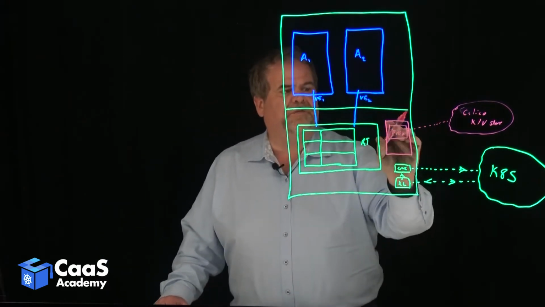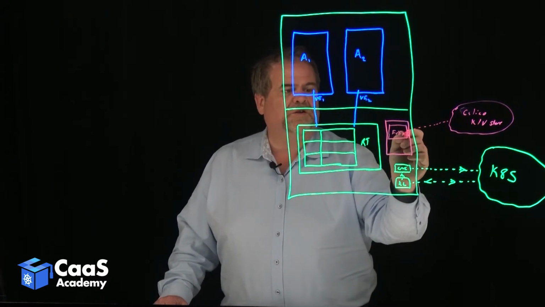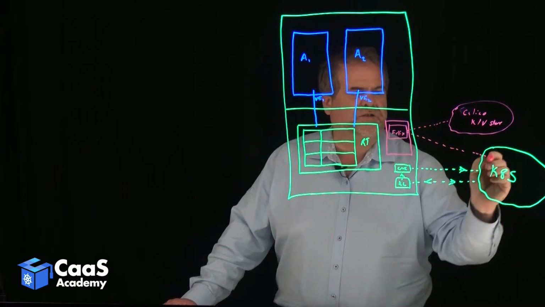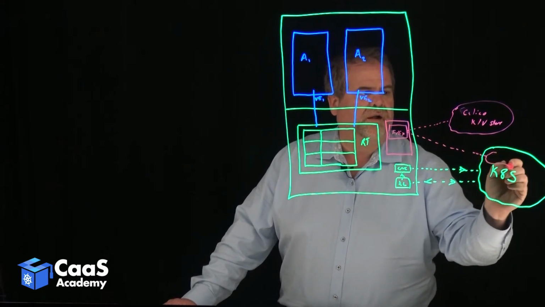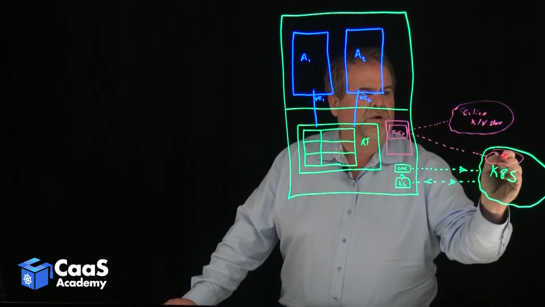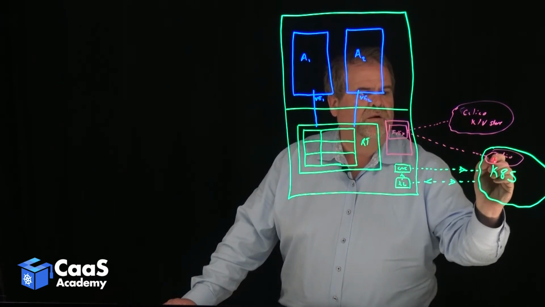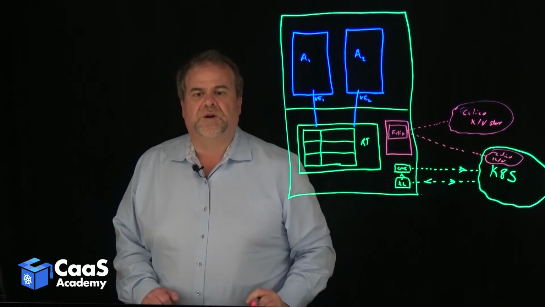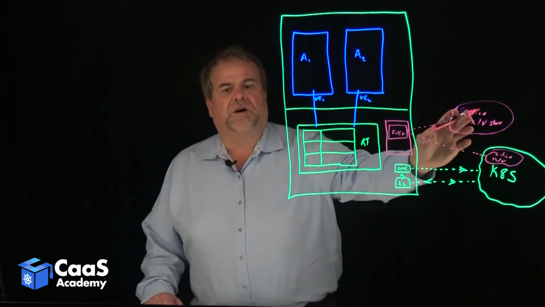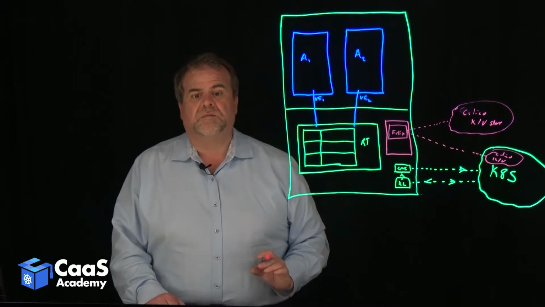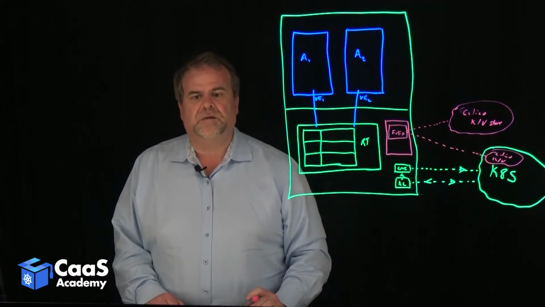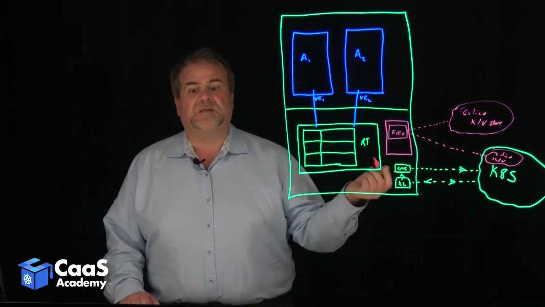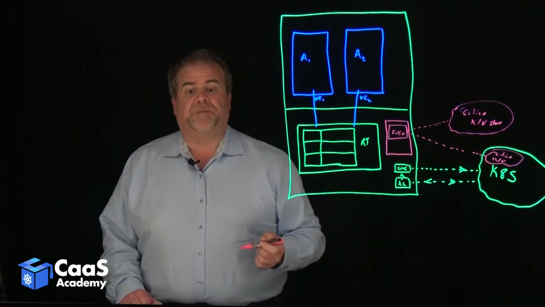So in reality, Felix is talking to the Kubernetes API server, and the Calico key value pairs are stored in that Kubernetes API server. So it might be talking to something standalone, like etcd, or it's talking to the Kubernetes API server. Either way, it's getting some data.